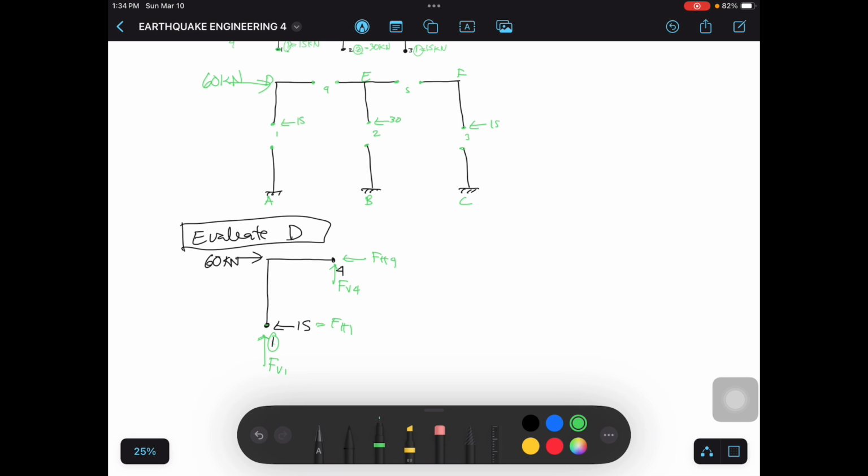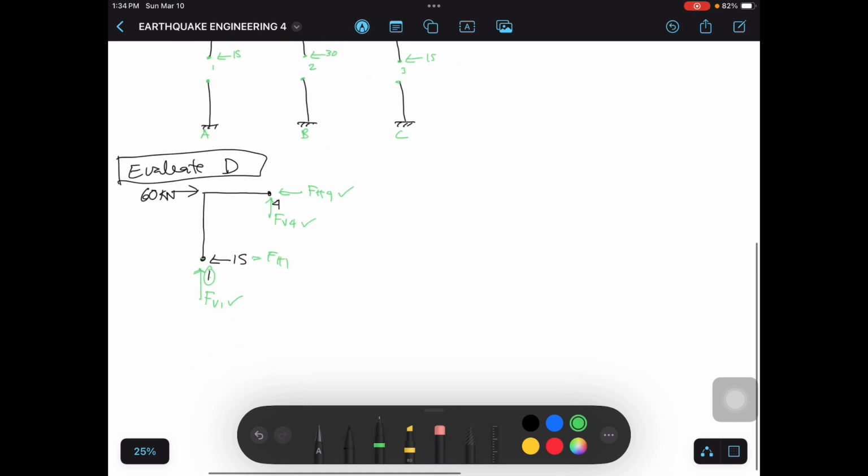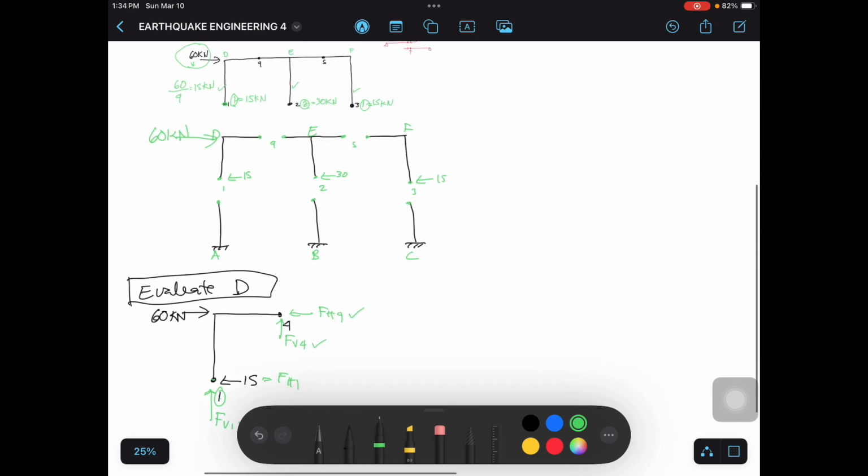So, ayan na. We have 3 missing loads or forces. But we have 3 equations of equilibrium. So, meaning, this is solvable. Using statics lang naman. So, this part onwards, puro statics na yan.